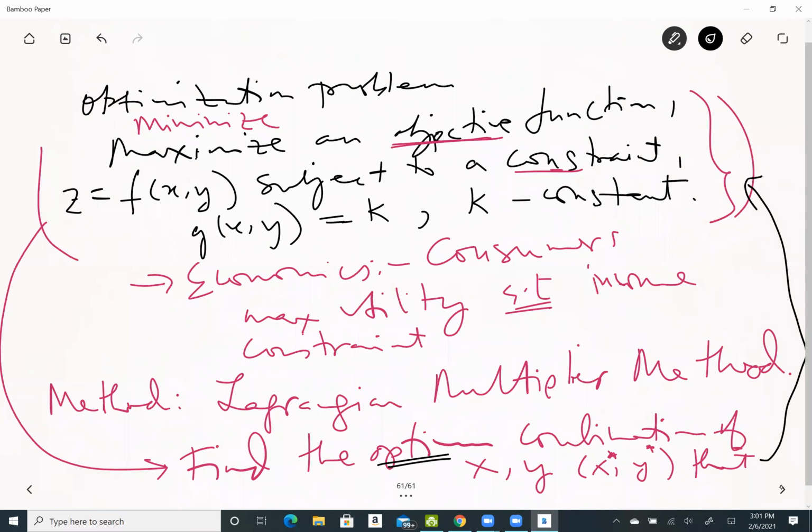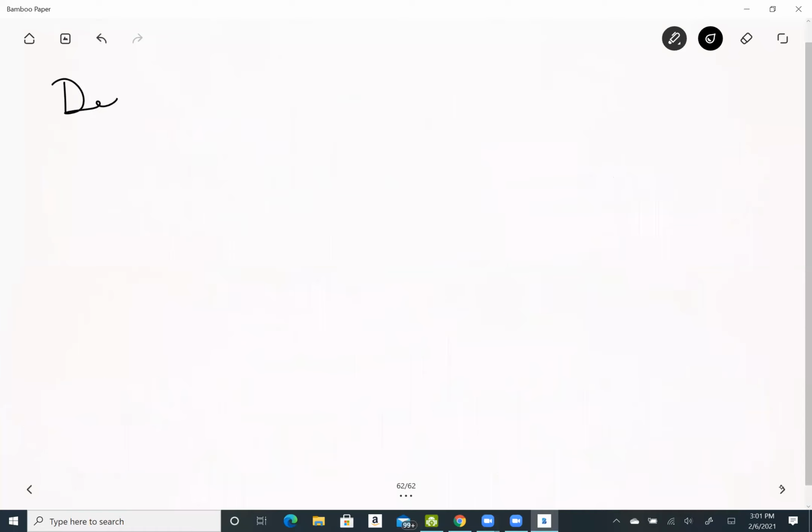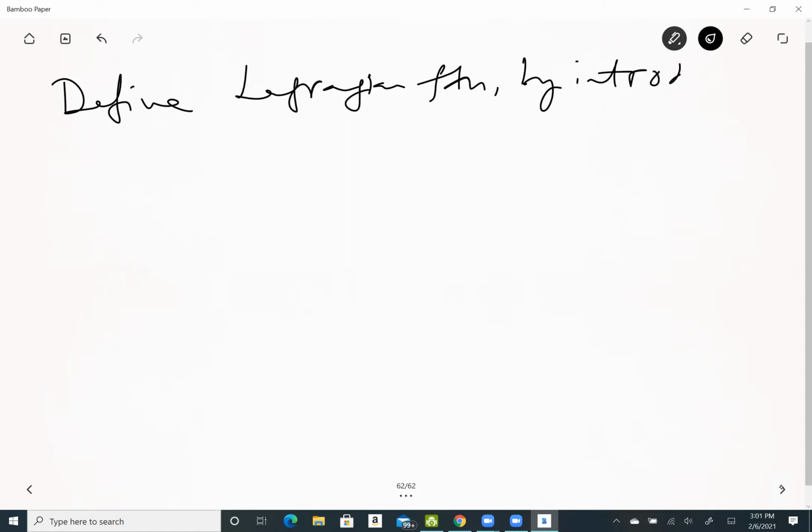Now the method is the following. We define a Lagrangian function by introducing another variable, lambda. So now you have a function L made up of three variables, x, y, and lambda.